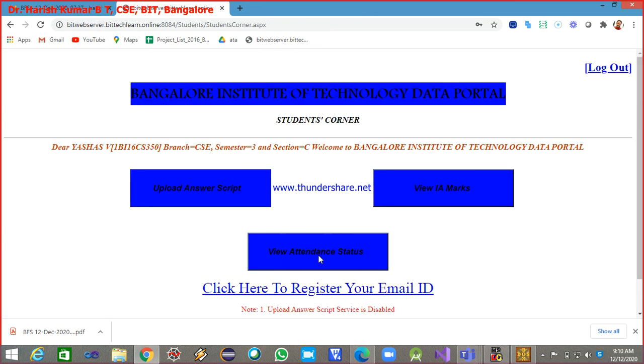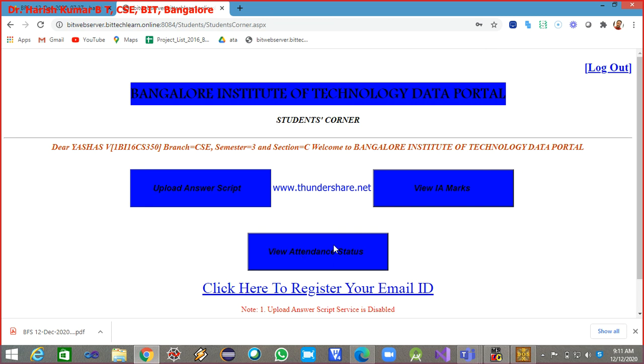View attendance is enabled, and soon you'll also get the forgot password recovery. If you have registered your email ID, you can recover your password, and even set your own password. Even that will be updated soon.